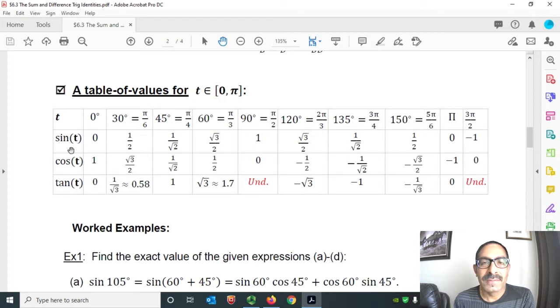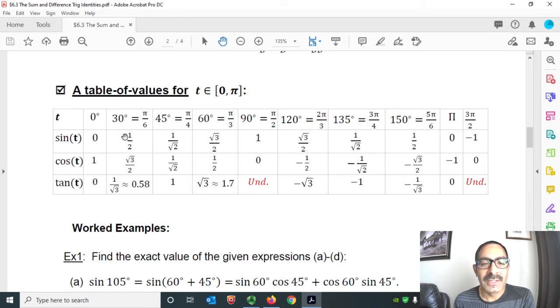And we know sine 0 is 0, sine 30 degrees is 1/2, sine 45 degrees is 1 over radical 2, sine 60 degrees is radical 3 over 2, sine 90 degrees is 1. For the cosine functions, cosine 0 degrees, just now I'm going in this direction, so 1.